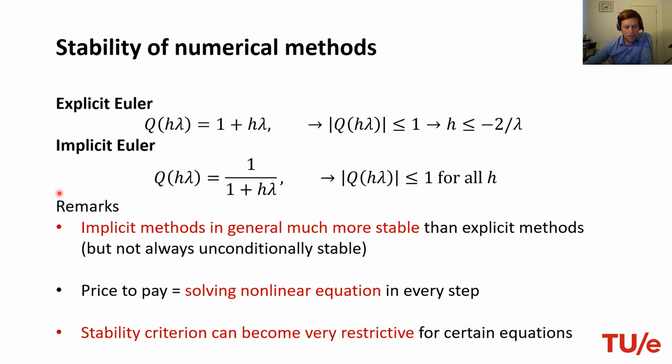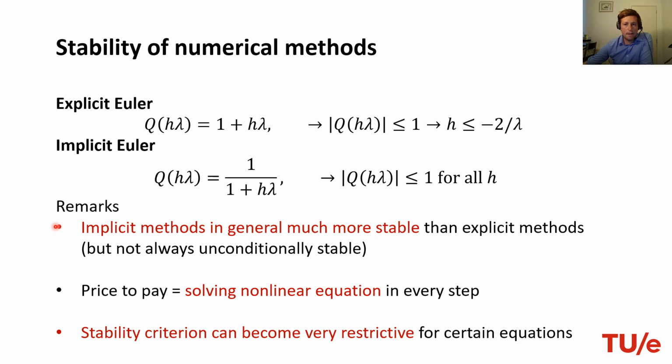So some remarks. Implicit methods in general are much more stable than explicit methods. Even though implicit Euler is unconditionally stable, not all implicit methods are unconditionally stable. For instance, some implicit Runge-Kutta methods are much more accurate than implicit Euler. However, they are not unconditionally stable.